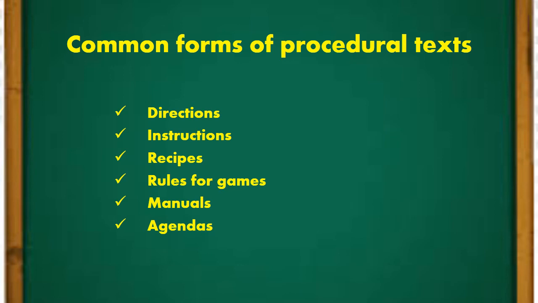And then the next, rules for games. It tells us how I play something or how I play a certain thing. And then manuals. It's about how I operate something or a certain device.